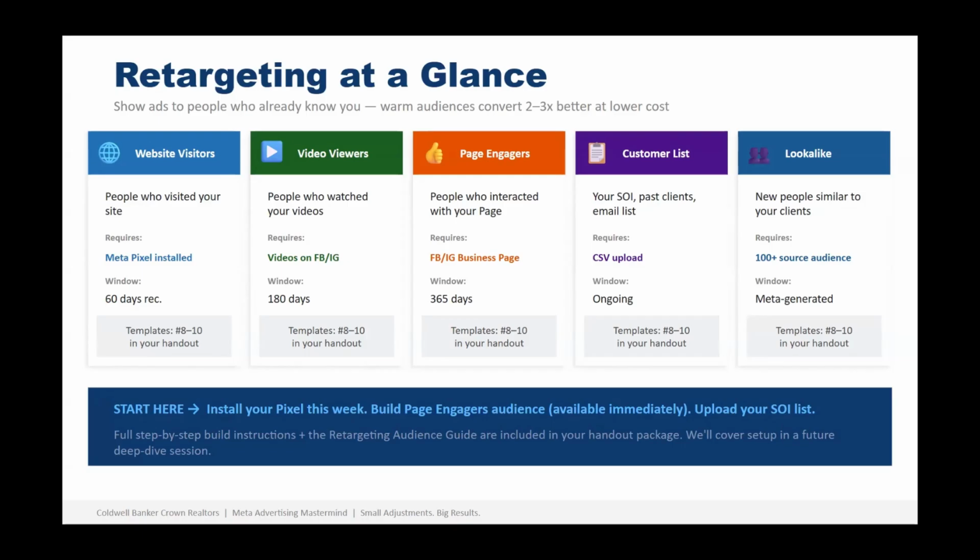And then when you retarget them, they are more likely to come to you when they are ready to buy or sell because you're the name that's in their head. This is how billboards work. The people driving past that same billboard every day with Vern's face on it are more likely to call Vern when they need some kind of real estate. Retargeting works the same way.